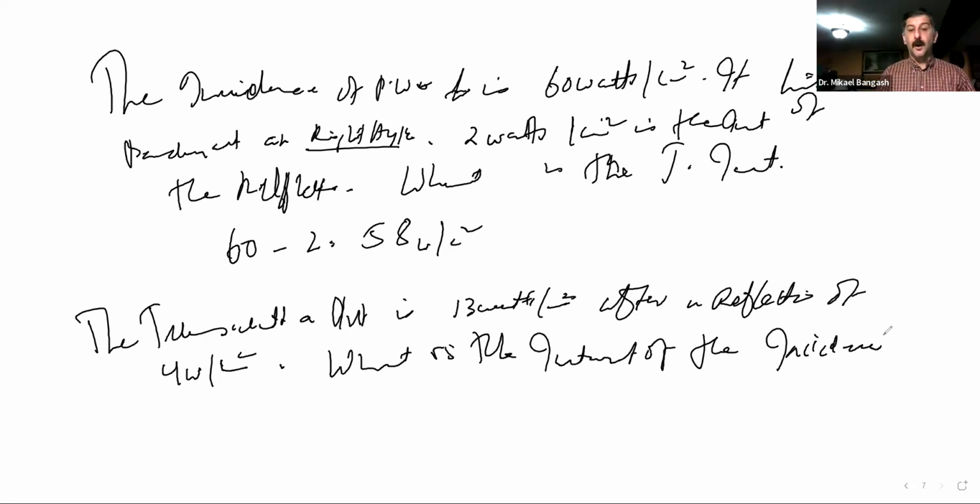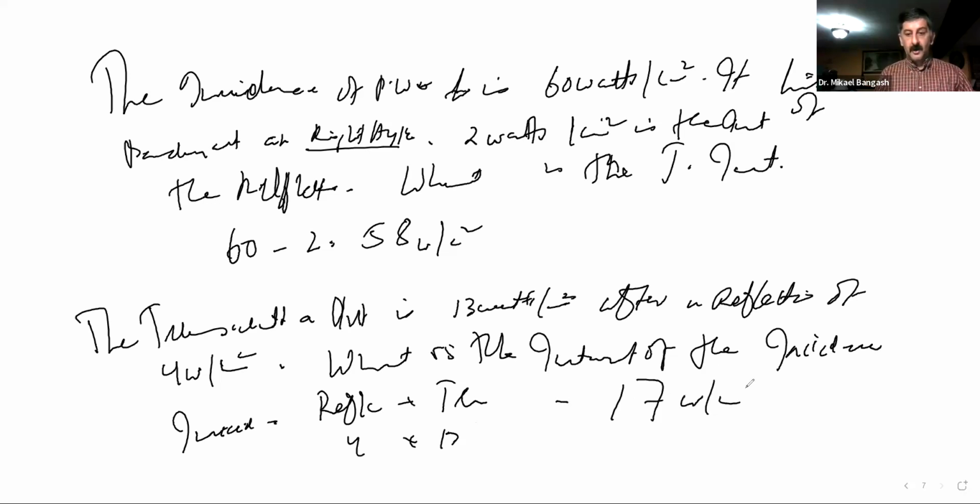What it means is, after a reflection of 4 watts per centimeter square, you are left with 13 watts per centimeter square, and they ask where the intensity of the incidence is. So the incidence is equal to the reflection plus the transmission, which is 4 plus 13, which becomes 17 watts per centimeter square.